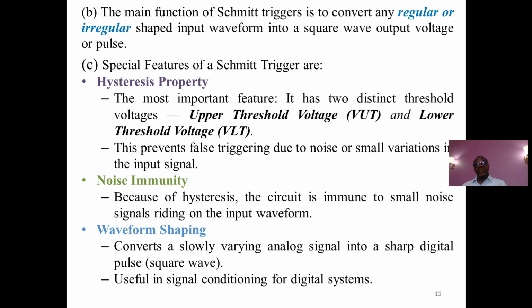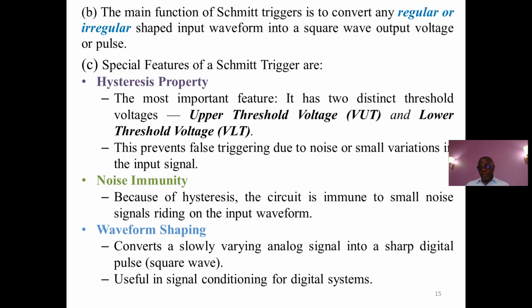So it's a very important feature in the design of any electronic system that requires to be controlled by an irregular shaped input signal. This prevents false triggering due to noise or small variations in the input signal. Of course, we talked about noise immunity because of this hysteresis.